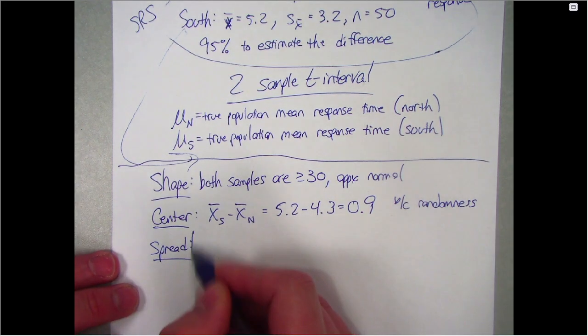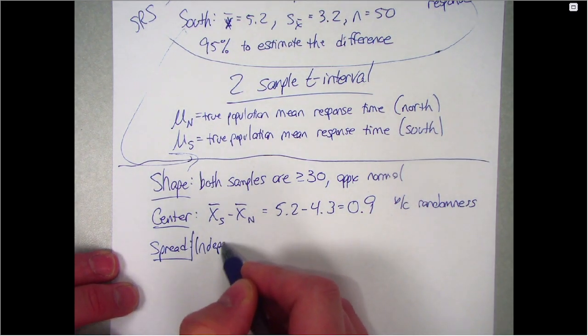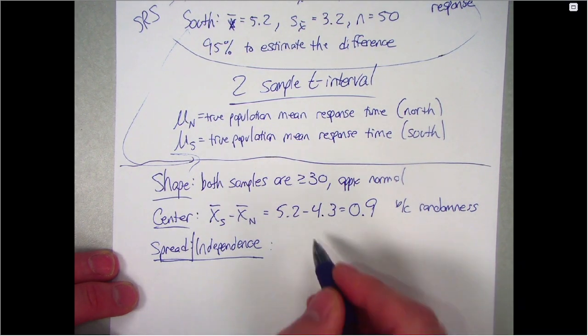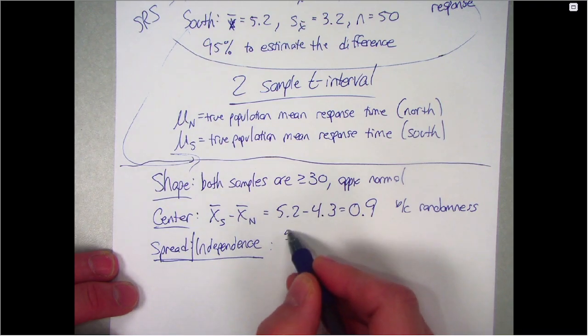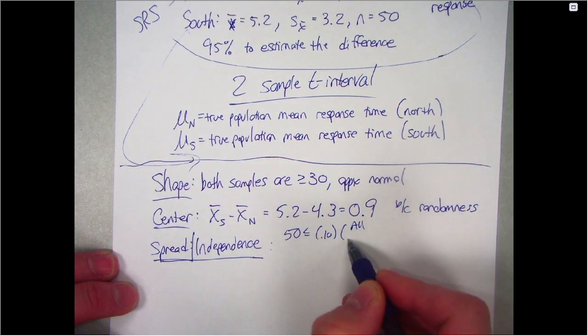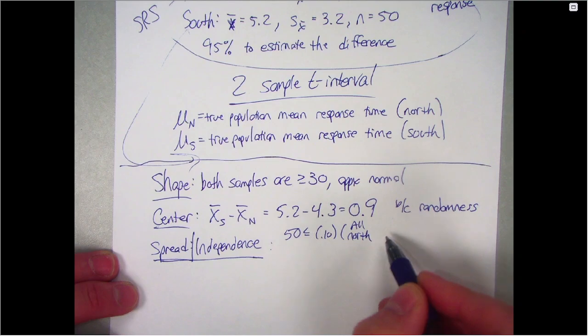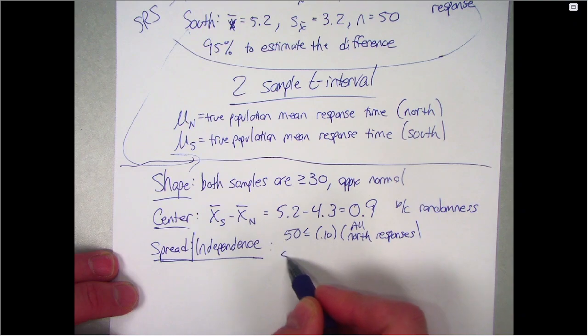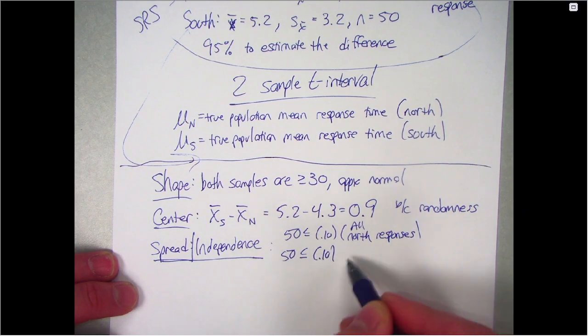And then the spread, which shows independence. That would be the 10% thing. So 50 is less than 10% of all north responses, and 50 is less than or equal to 10% of all south responses.